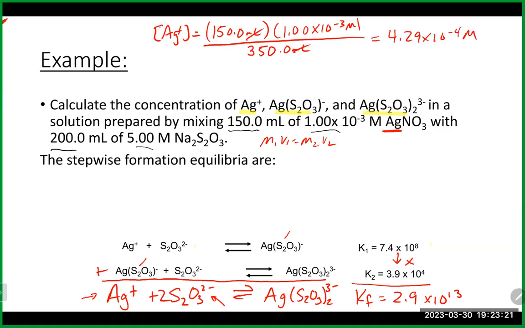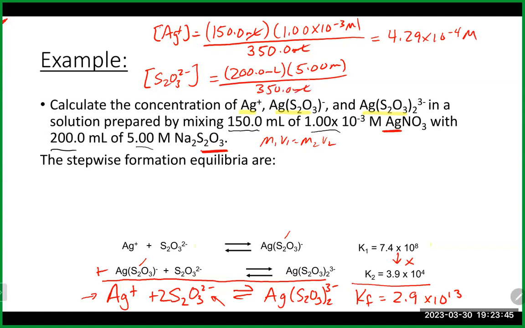Our source of the S2O3 2 minus ion is going to come from here. And we would do the same thing, a little M1V1 equals M2V2 action. In this case, it is 200 milliliters of that times its molarity of 5, still divided by the total volume, which is 350 milliliters. Once again, those are going to cancel out.